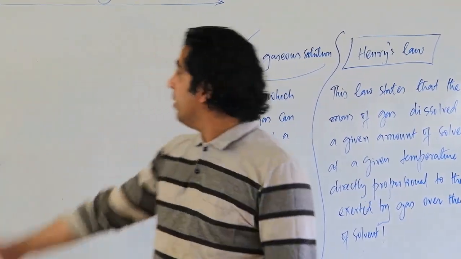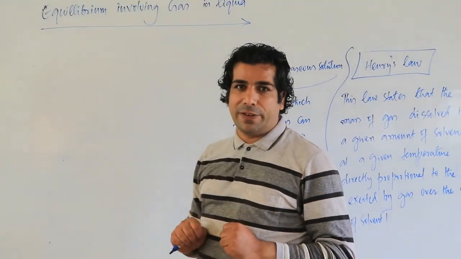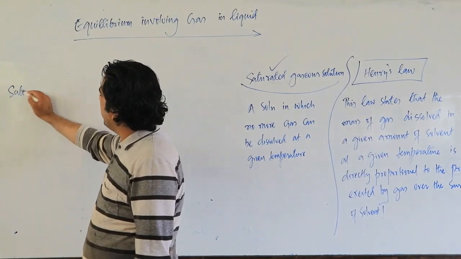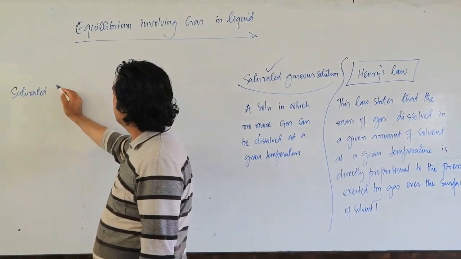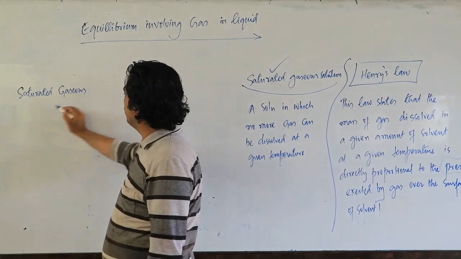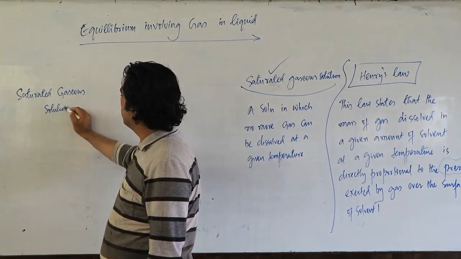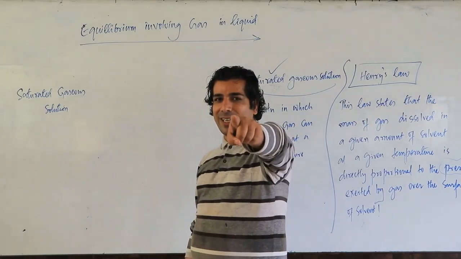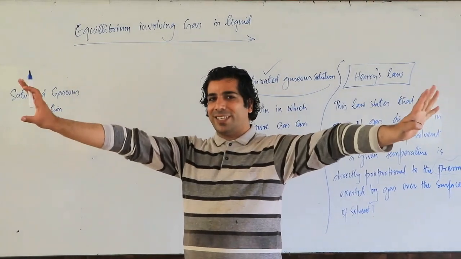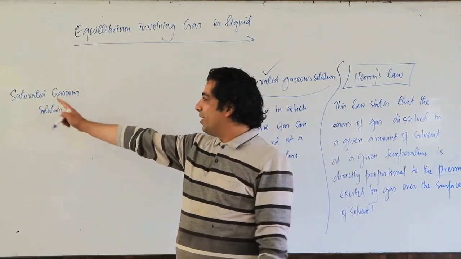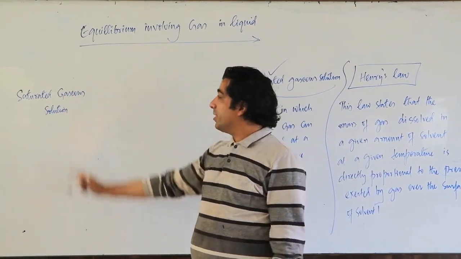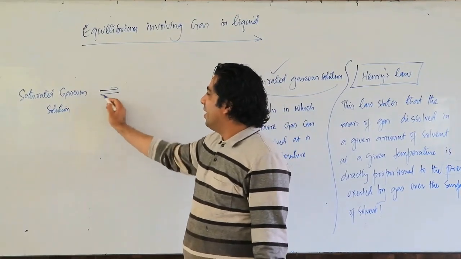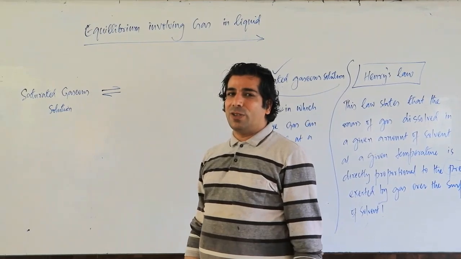So what is this equilibrium all about? Let us try to understand, my dear friends. Have a look. Let us take a saturated gaseous solution. Do you remember the classroom, saturated classroom, where everywhere students are there? There is no space. Just similar to that, my dear friends. Saturated gaseous solution. And obviously, do you remember that undissolved solute?